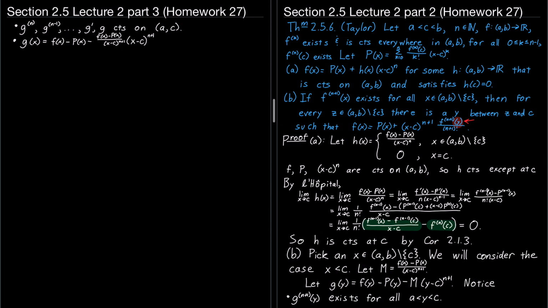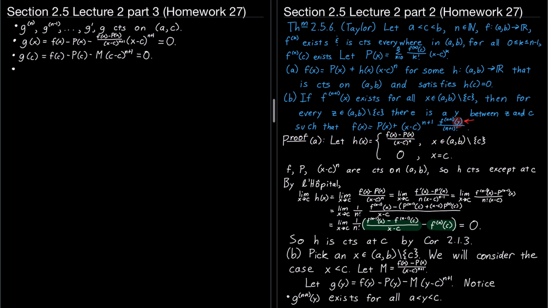An awful lot of cancellation is going to happen, and we get g of x equals 0. Now let's think about what is g of c? G of c is f of c minus p of c minus, I don't care what m is at this point because I'm multiplying it by c minus c to the n plus 1. So g of c is also 0.